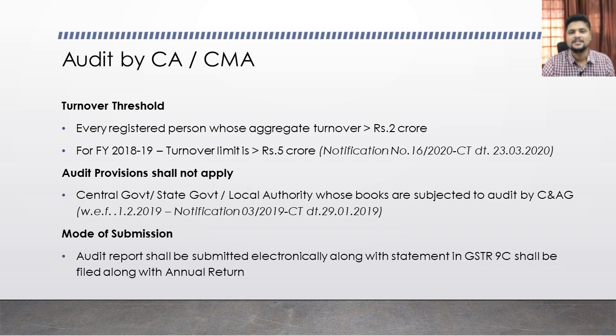That is a statement under GSTR 9C. In that he has to provide his report after conducting the GST audit. This is the requirement of section 35 subsection 5, which is one type of audit done by a CA or CMA.